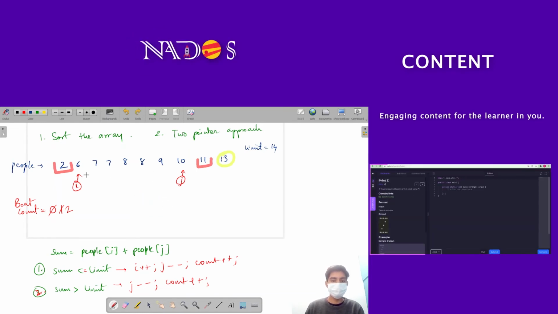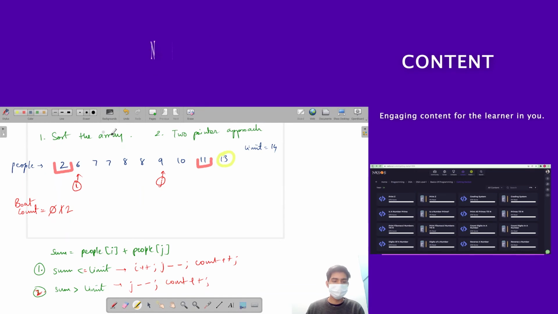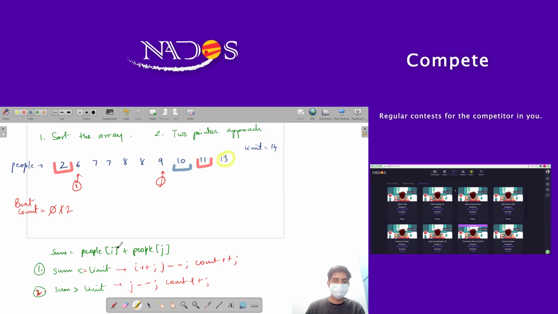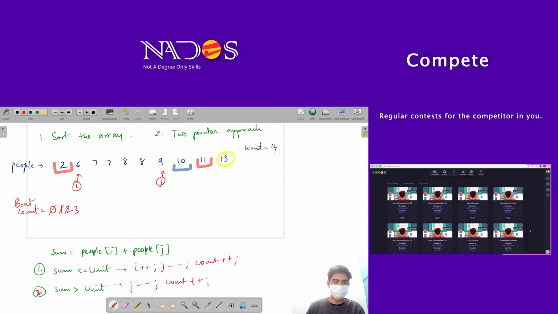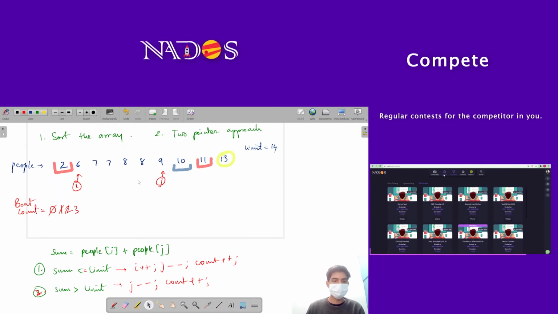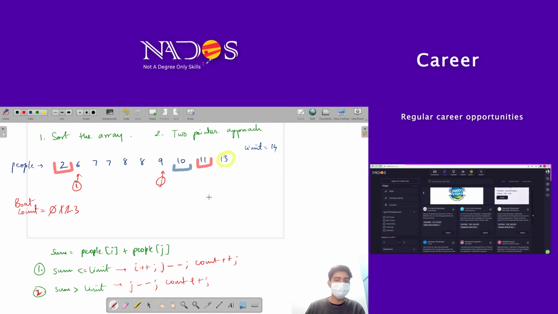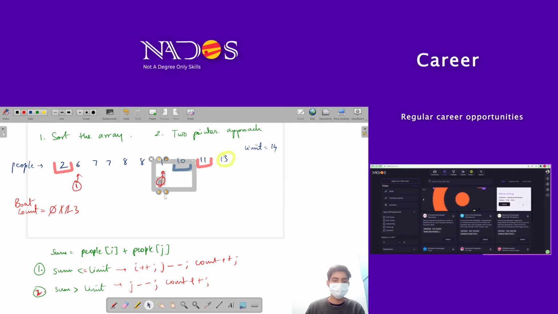So it means that these two cannot go on the boat together. I'll decrement my j. If I decrement my j, then this 10 will go alone on the boat and I will increase my count to 3. Now I have 6 and 9. 6 and 9 will give me 15, which is also greater than my limit. So it means that j will also decrement again.